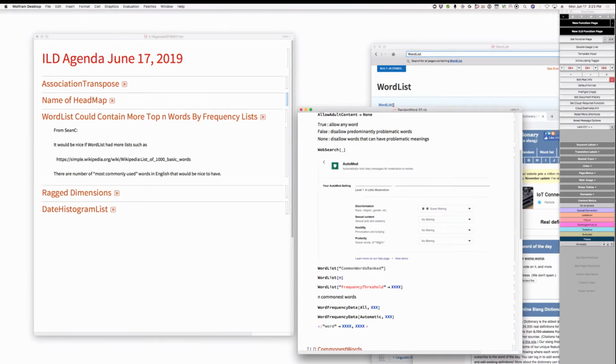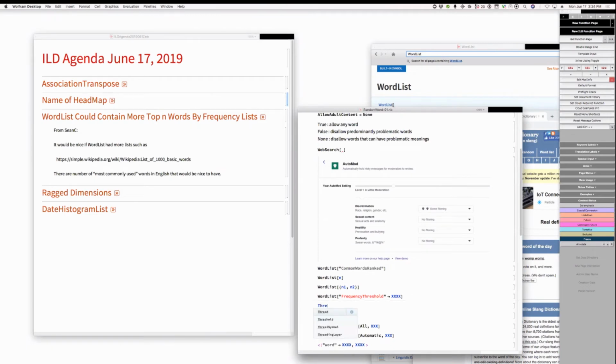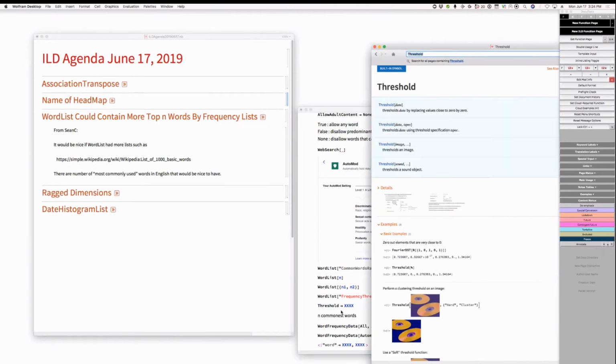Yes. Yeah, but also, if you want words whose frequency is less than 1 in 10 to the 6, for example, don't we have, in machine learning functions, that notion? No, that's something different.